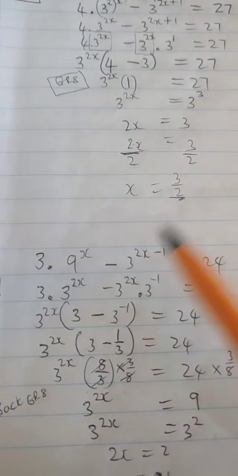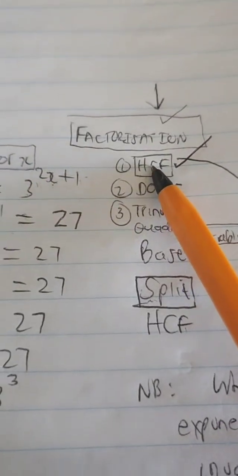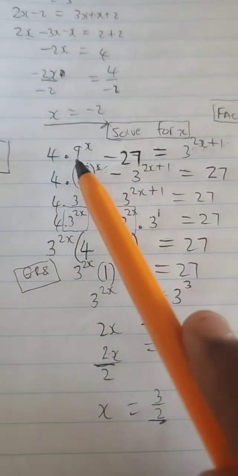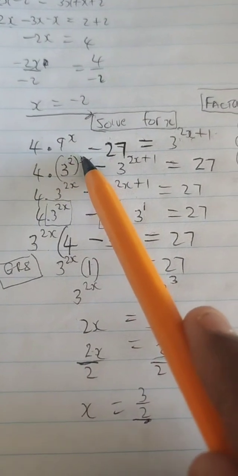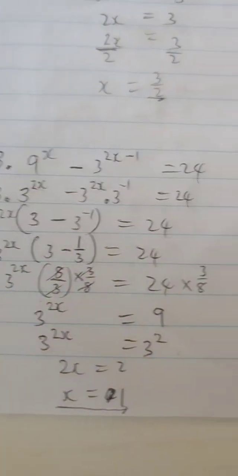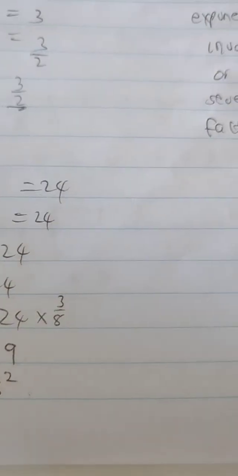And I'm trying to emphasize, when do we need to do highest common factor factorization? When we have several terms which we are adding and subtracting, and it's very obvious that our exponent variables are the same. That's the only way you'll be able to take out something that is common, really and truly, if the exponents are the same where there's a constant term. Let me just give you one more.